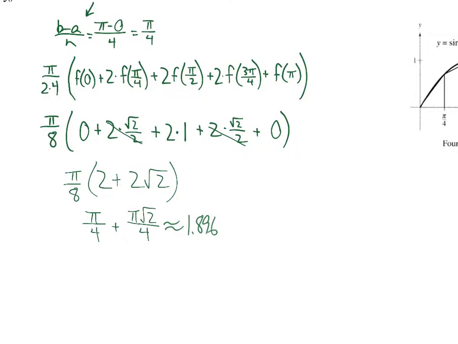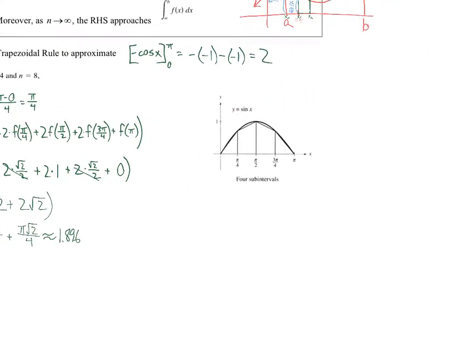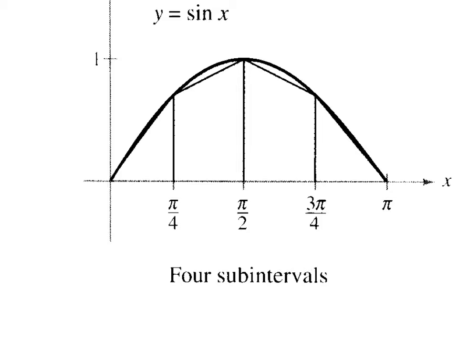If we used 8 rectangles on the other hand, let's look at what that would look like first of all. I would have more. So if I had 8, I'd have pi over 8, pi over 4, 3 pi over 8, pi over 2, 5 pi over 8, 6 pi over 8, 7 pi over 8, and 8 pi over 8.